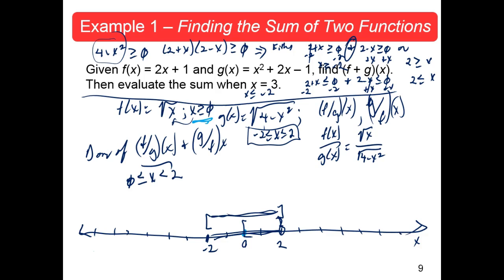Now let's flip it the other way. g divided by f. What do you reckon that is? What's that by definition? g of x over f of x. And what would that be? The square root of 4 minus x squared over the square root of x.